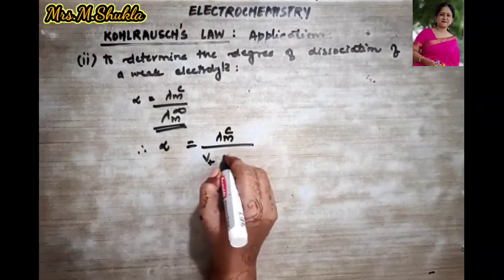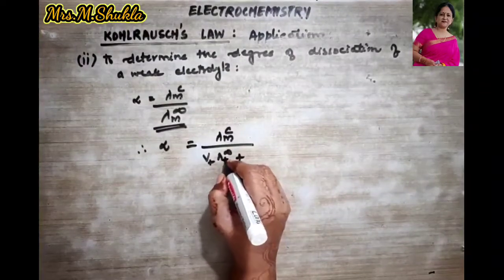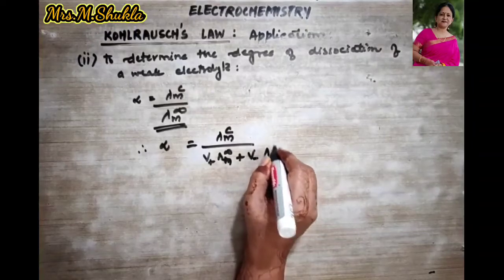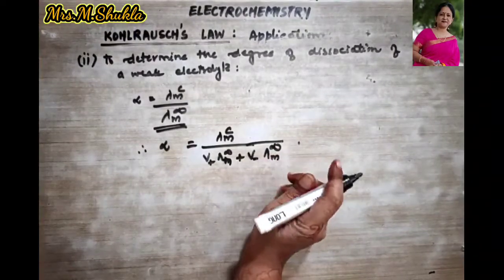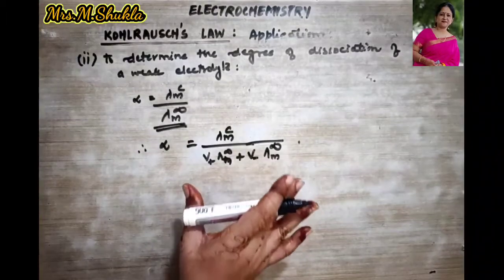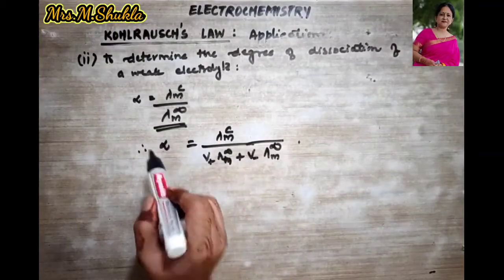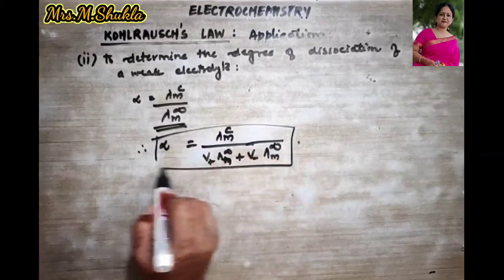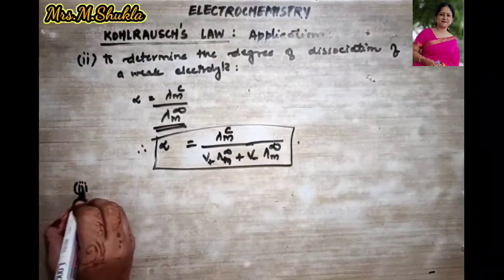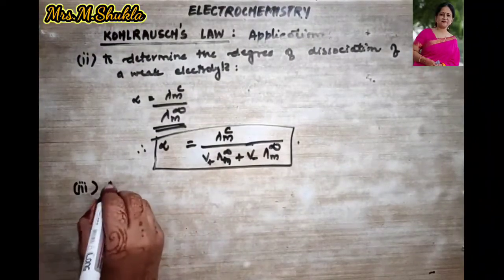So we can write it down like this: the sum of the cation and anion conductivities at infinite dilution. So the degree of dissociation of a weak electrolyte at a particular concentration can be calculated if all the values are given to us. Clear? Third point, to determine the solubility of sparingly soluble salt.